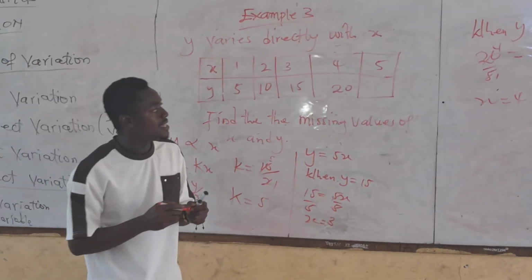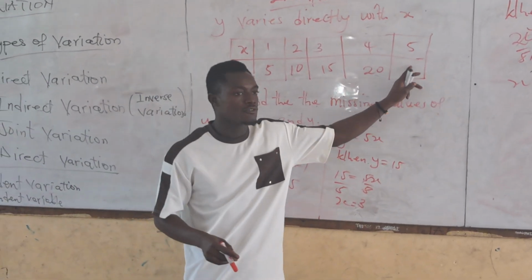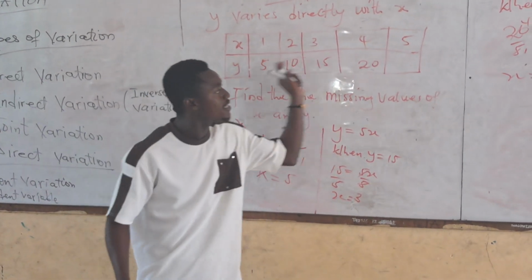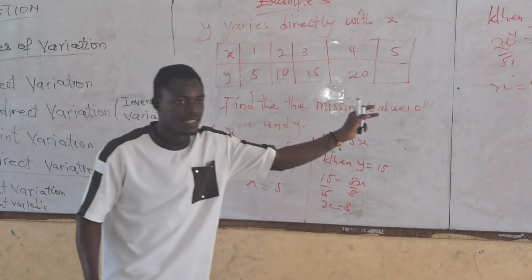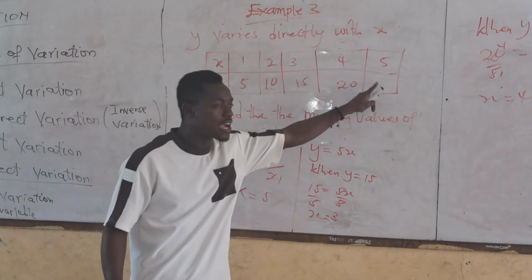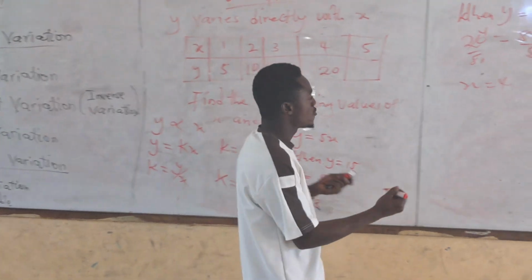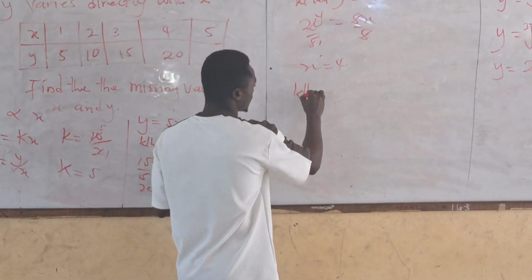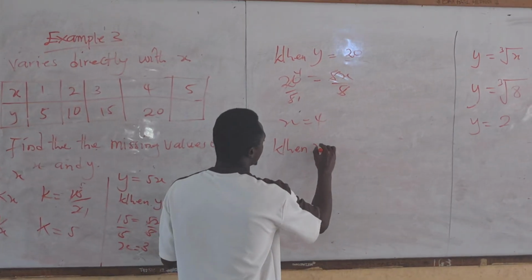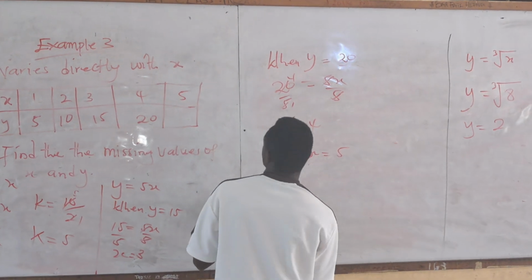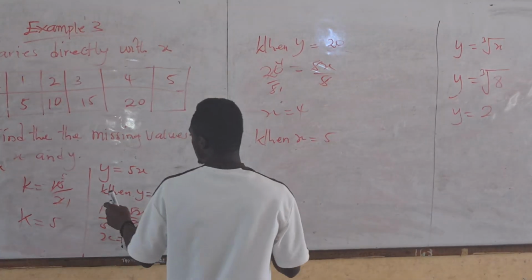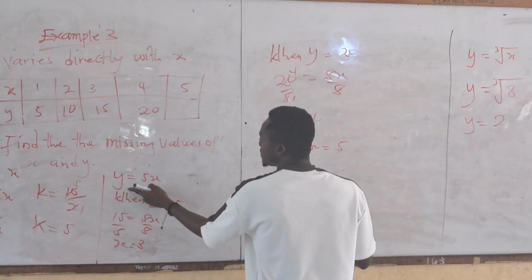Now, the last missing value they say we should find is the y value. So they say we should find y when x is equal to 5. So when x is equal to 5, we put this inside the equation.